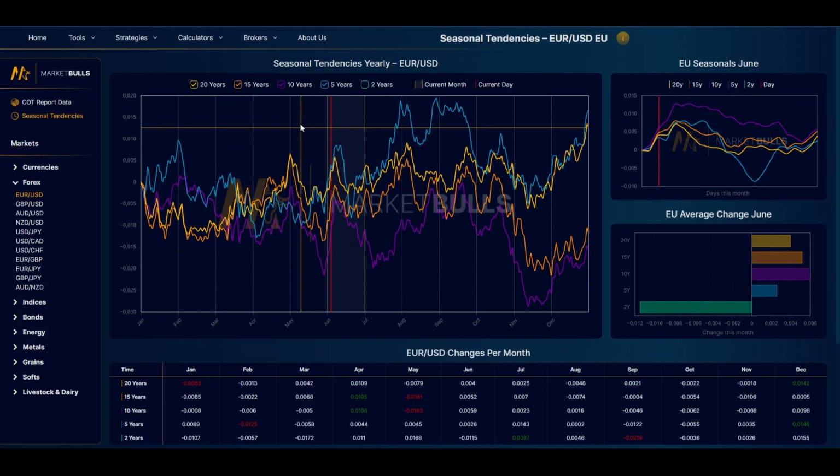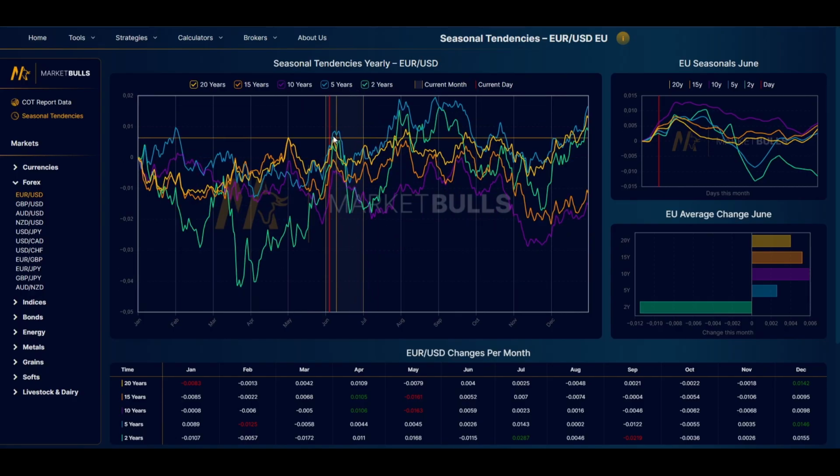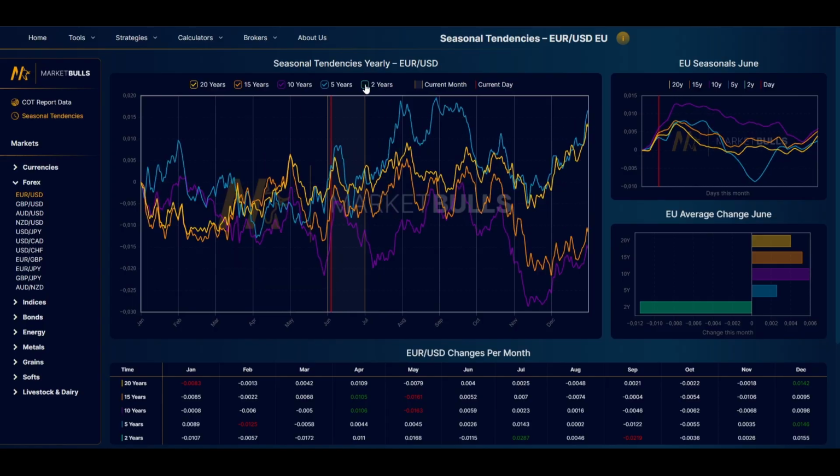Now here, as I said, we should be able to see a drop. You can see it even on the 2-year. We should see a drop soon. We have seen this strong rally right here, but we should see a drop. Now, seasonality is not the end-all be-all, but yes, it also suggests we should see a drop coming in to Euro USD, which is exactly the thing we are looking for, right?